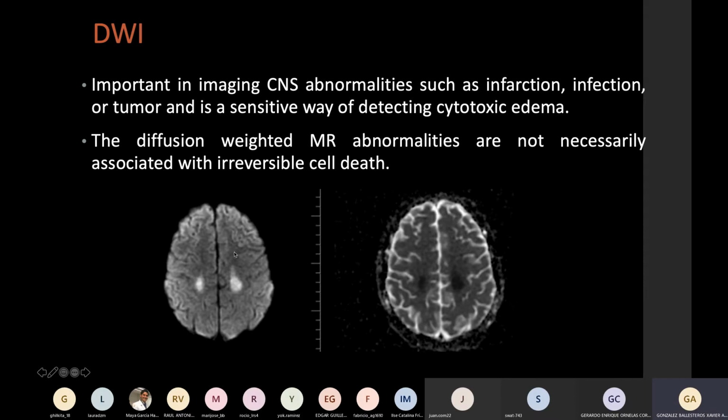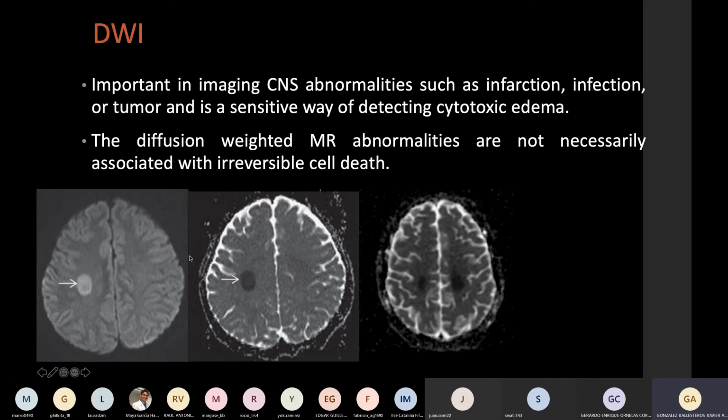On the diffusion, we can see a symmetrical hyperintense signal in the parietal lobe white matter, and neither the cortical nor subcortical white matter were affected. On the ADC map, we can see a decreased signal that corresponds with the restricted diffusion areas.